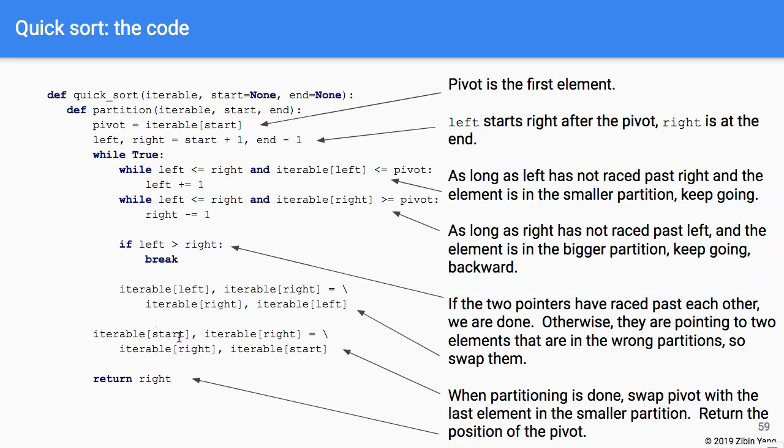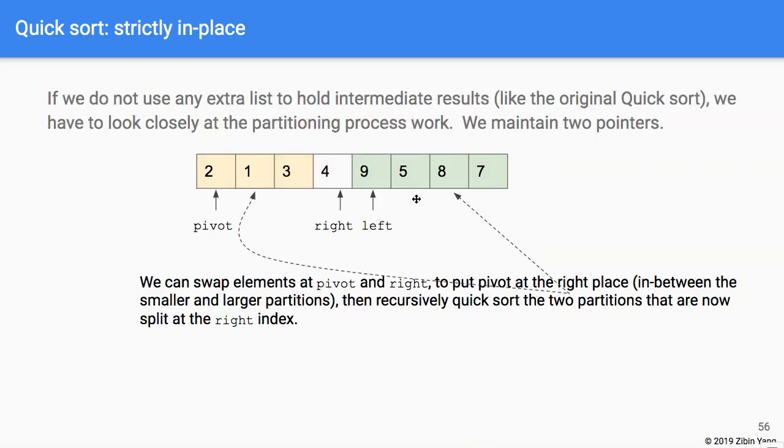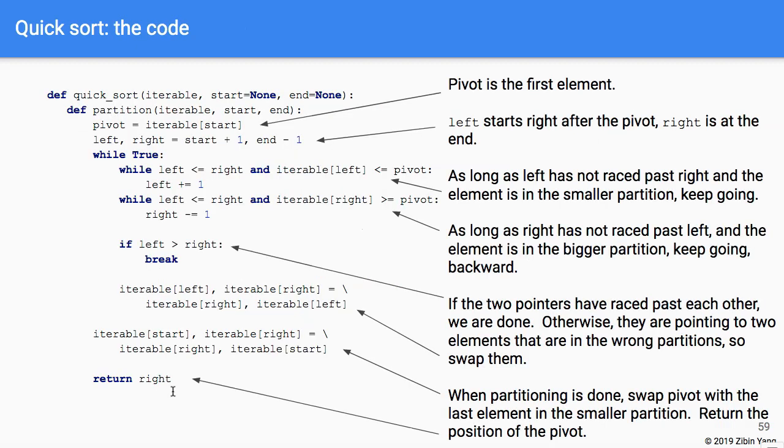And then finally, remember we said we want to return the place where the smaller partition and the larger partition are split, and that's where right is pointing and where the pivot is currently. So that's why we return the right pointer.